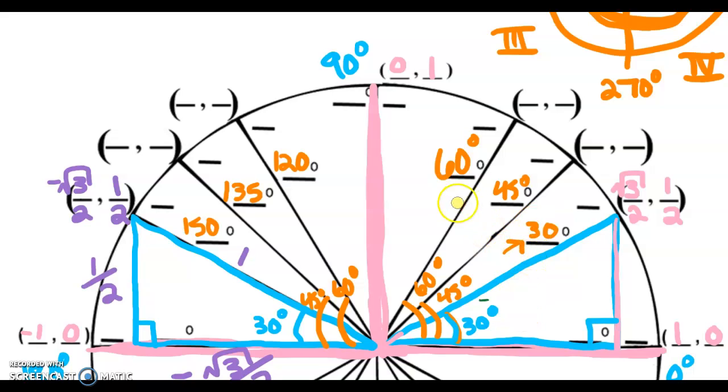We get 30. 30 plus 30 is 60. 60 plus 30 is 90. 90 plus 30 is 120. 120 plus 30 is 150. And 150 plus 30 is 180. That's covering just about every single special angle we have except for these two that come from our 45, 45, 90 triangles.